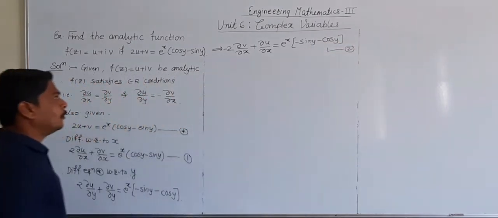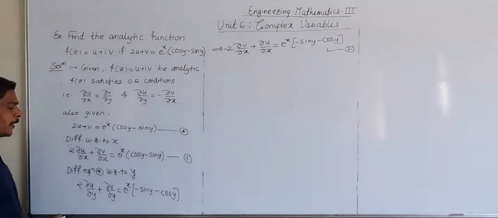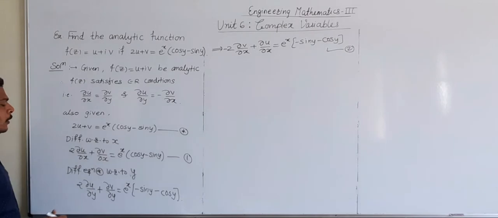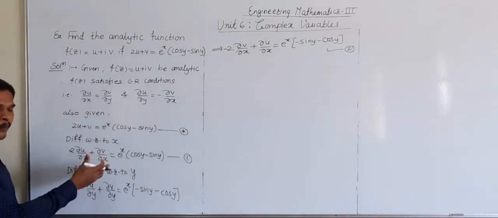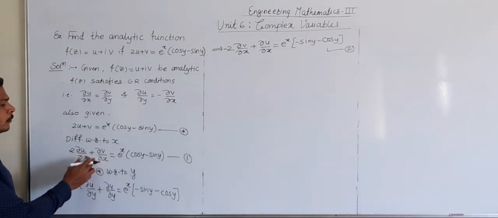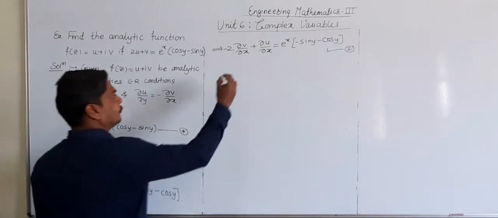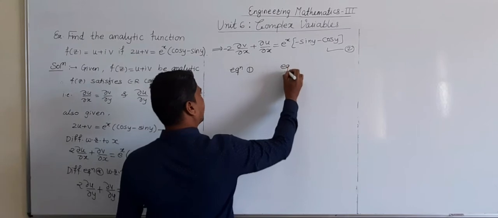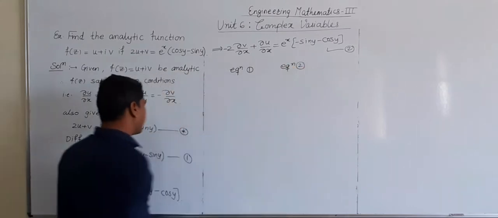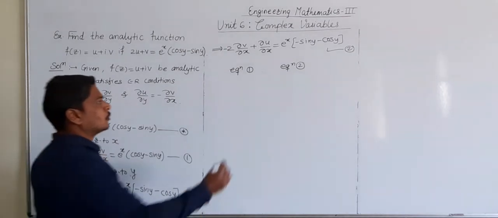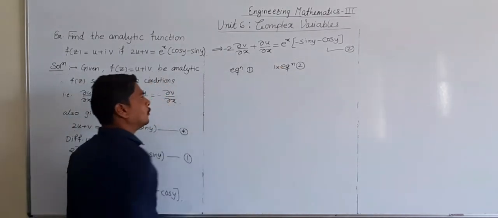Now eliminate one of the partial derivative terms using equations 1 and 2. In equation 1, we are first eliminating the partial derivative term of v with respect to x. In equation 1, the coefficient of ∂v/∂x is 1, so multiply equation 2 by 1.